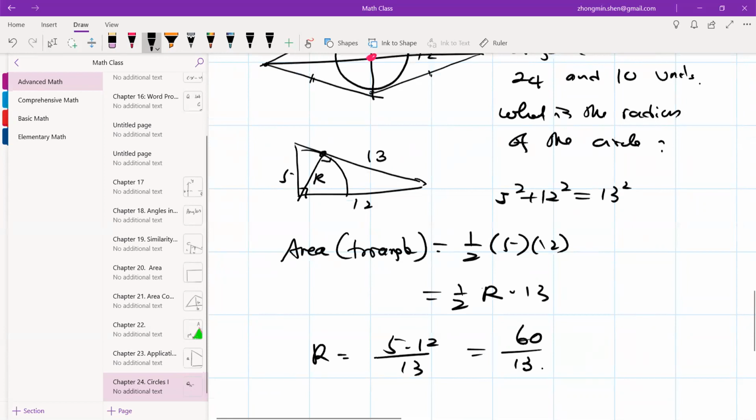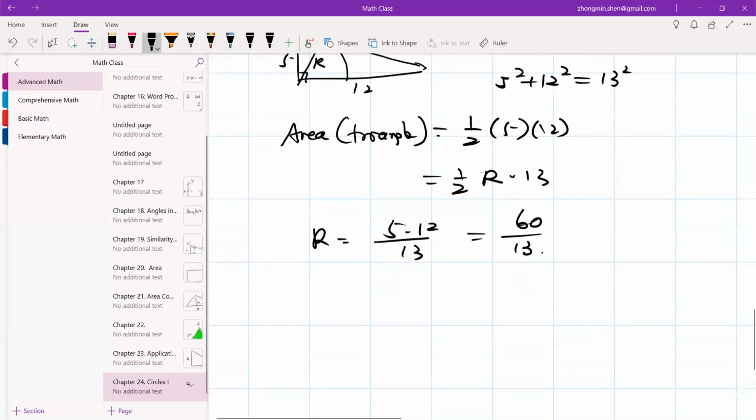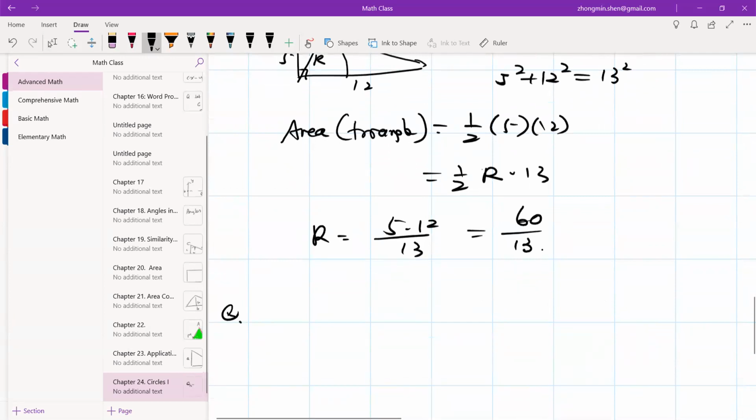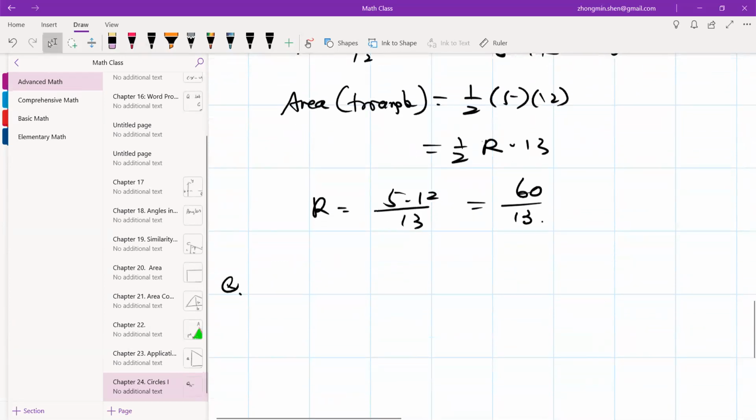Okay, so this is and similar problems. Let's do similar problems. Let's try another one.